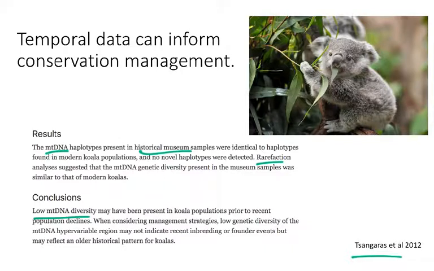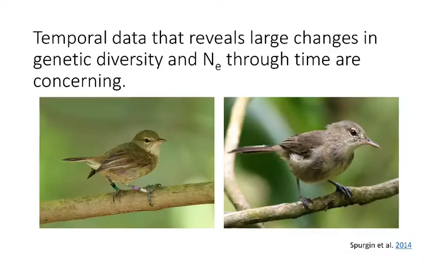But if they've had this low mitochondrial diversity for a while, even before humans started really affecting them, it might mean that they possibly will be able to continue to persist because they have been doing it throughout time, even with this low mitochondrial diversity. So in general, if we compare historical and contemporary samples and find that the historical ones also had low genetic diversity, we're less worried about that particular population. Again, we should still be worried. It's one less thing to worry about, which I'll take at this point.